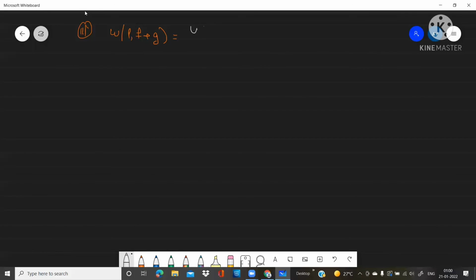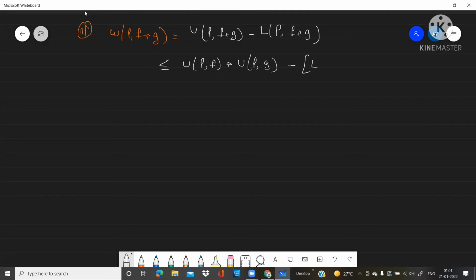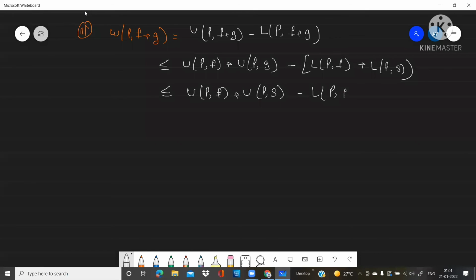U minus L. So U(P, f plus g) minus L(P, f plus g) is less than or equal to U(P, f) plus U(P, g) from the first bit, minus L(P, f) plus L(P, g). Removing the brackets, you get U(P, f) plus U(P, g) minus L(P, f) minus L(P, g).